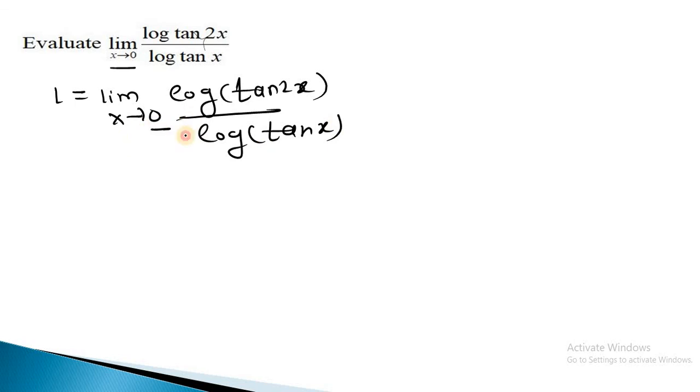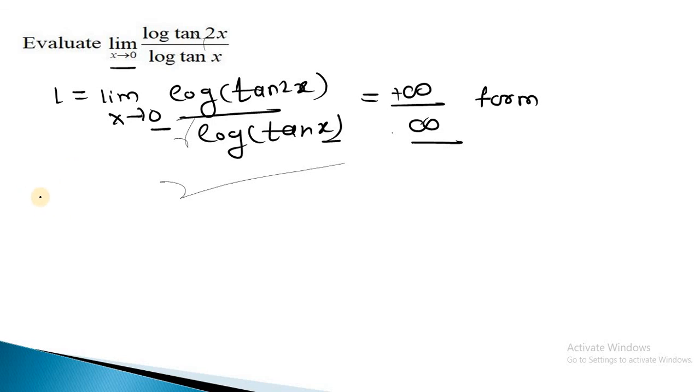Now substitute x is 0: tan 0 is 0 and log 0 is minus infinity. So this limit we are getting is infinity by infinity, minus infinity by minus infinity, and minus by minus is plus. So we can apply L'Hospital rule also for infinity by infinity form, as I told you.